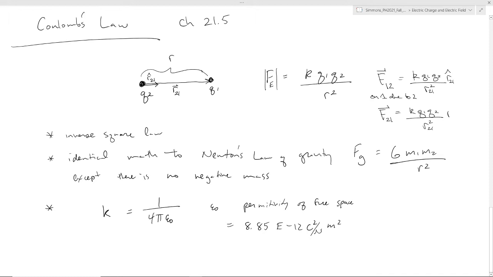But now the unit vector that would describe that would be R12. R12 points the other direction. R12 hat. So that's just the more complete vector definition for Coulomb's law.